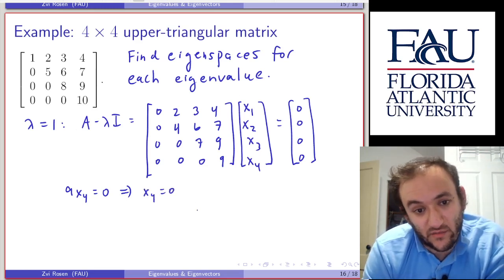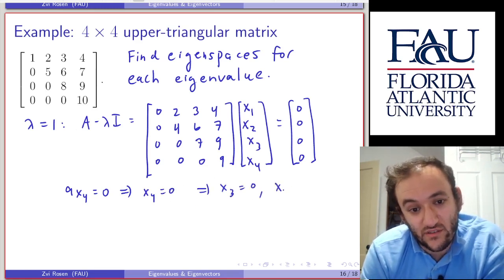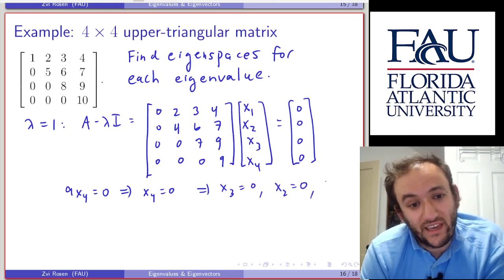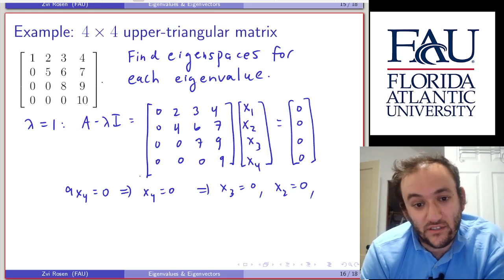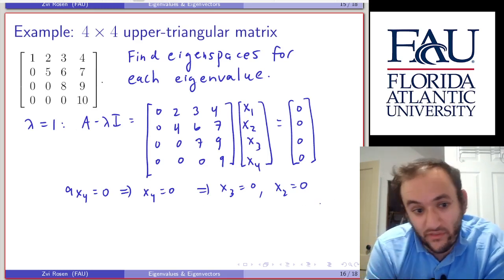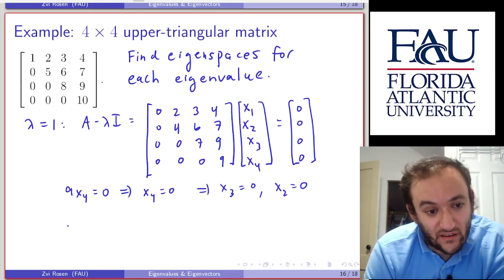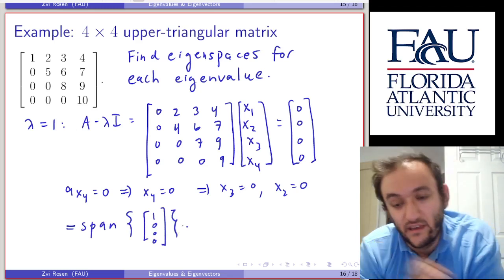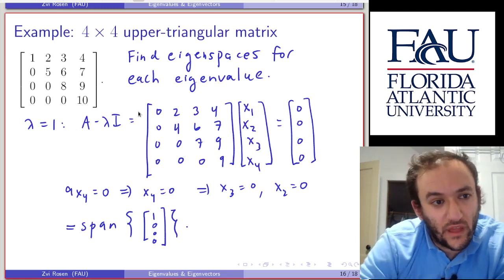And then plugging that back into the previous equation, 7x3, that means that x3 equals 0. Plugging that back, we have x2 equals 0. And going back one step further, at this point we've sent everything to 0 except for x1, so that has to be x1. X1 is a non-zero thing, so we'll say that the eigenspace is the span of the vector (1, 0, 0, 0). Okay? Because the x1 value is actually unrestricted. Okay. Well, how about the next one?